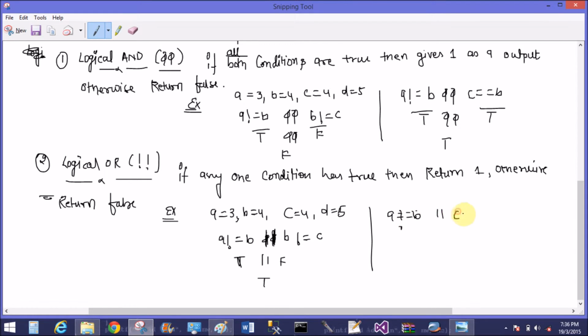Another example is A is not equal to B, C is double equals to B, both are true, then it gives true.